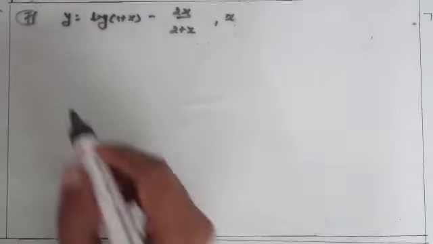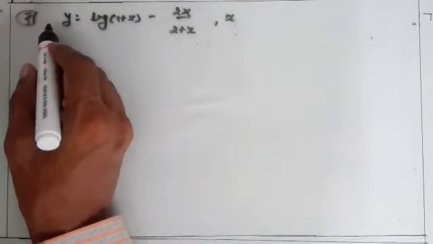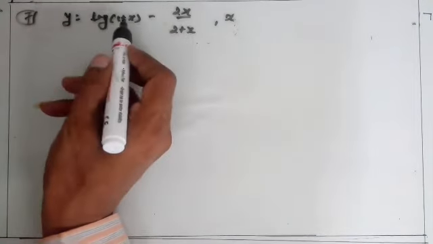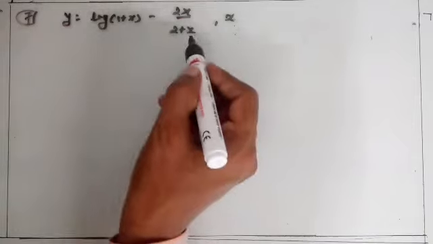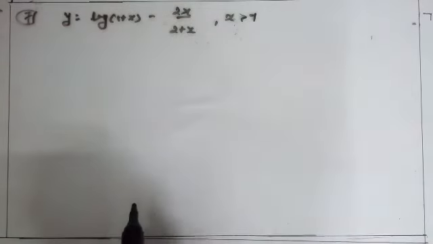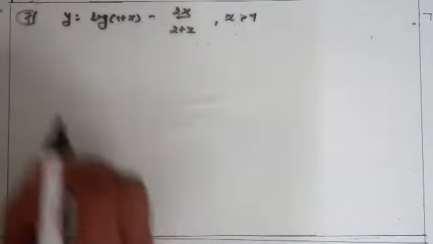Now question number 7. Show that y = log(1 + x) − 2x/(2 + x), x greater than −1, is an increasing function.